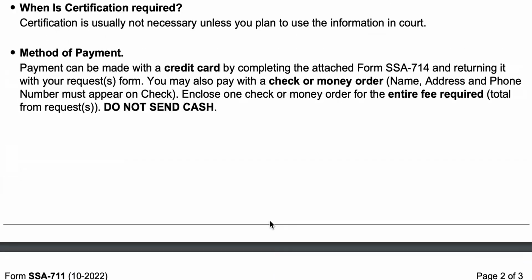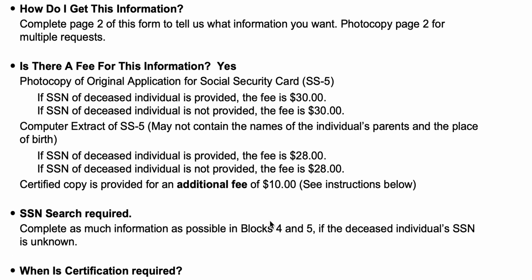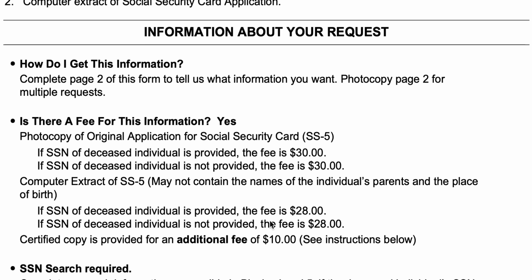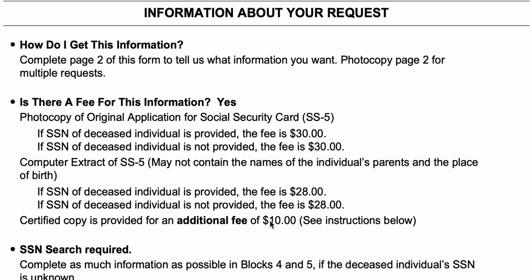So on the front of this form, there are some basic questions about your request. So you're going to use this form if you need either a photocopy of the original Social Security card application, so that would be the SS5 form, or if you need a computer extract for this Social Security card application.